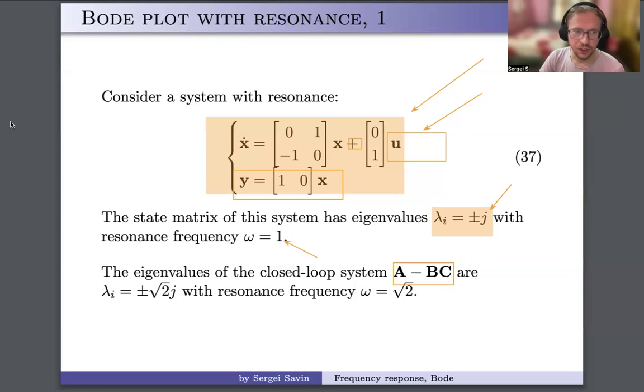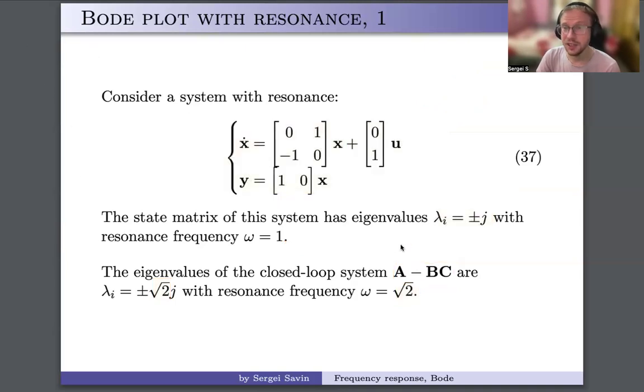The eigenvalues of this new closed loop system are plus or minus square root of j. The resonance frequency of this new system is square root of 2. Okay. So that is just an example. I did all this analysis not on the slide, but by myself. I'm not showing you how I computed those frequencies or eigenvalues, but you can trust me that this is what happens.